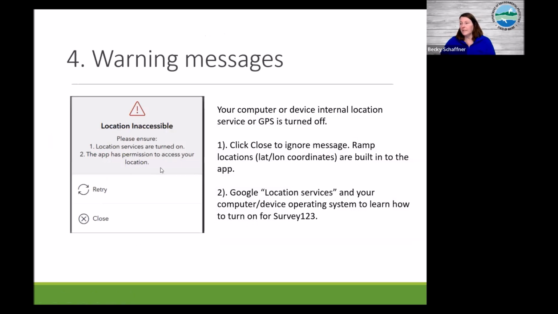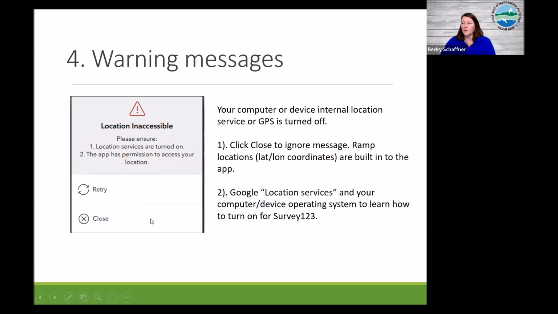One issue you might run into when you are first opening up the app is this location inaccessible warning, and that's not critical. All that means is the GPS in your phone or the internal location service in your computer is turned off, and a lot of people do that for security reasons.